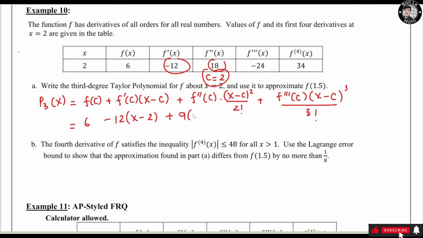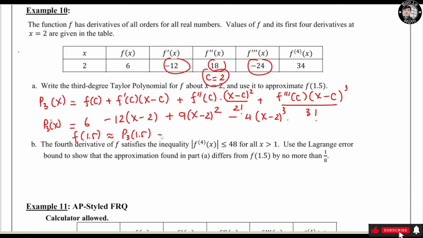So 9 times s minus 2 squared, plus f triple prime of c, which is negative 24, divided by 6 right here, because 3 factorial equals 6. So it's negative 4 times s minus 2 to the power 3. So we have f of 1.5 is approximately p sub 3 of 1.5, because the question wants you to use p sub 3 to approximate this one.